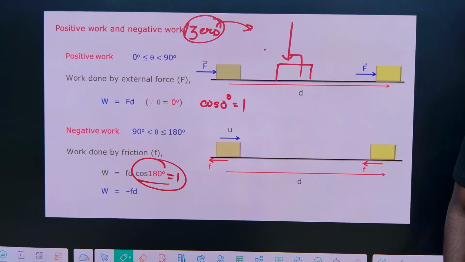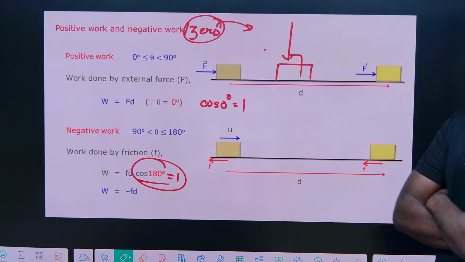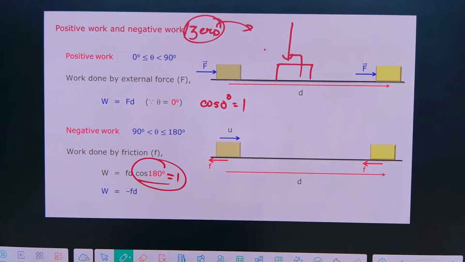Done? Write the notes properly, okay? Done.